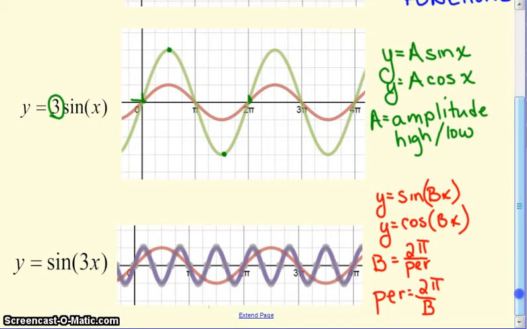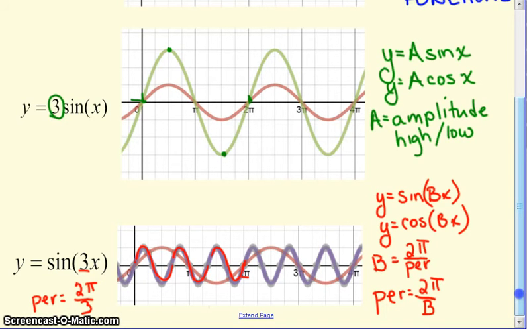So what you see here is in red, I have my original sine function, and it had a period of 2 pi. Now when I do sine of 3x, I've got 1, 2, 3 cycles in that same period of 0 to 2 pi, so that the period of this function is actually 2 pi over 3. That's the period of my new function.